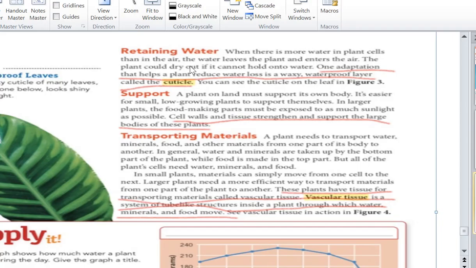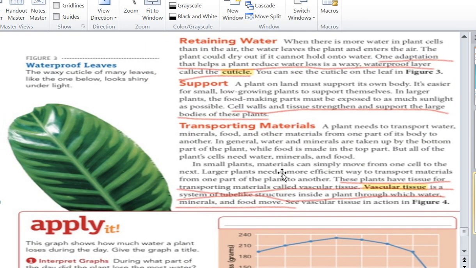Open the next page. Retaining water. One adaptation that helps the plant reduce water loss is a waxy waterproof layer called the cuticle. Look at the picture of the leaf, figure 3, a waterproof leaf with a waxy cuticle.